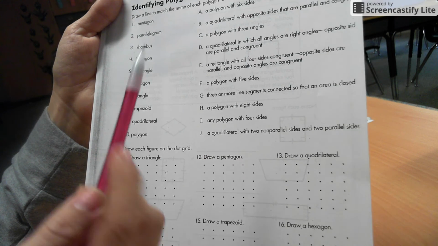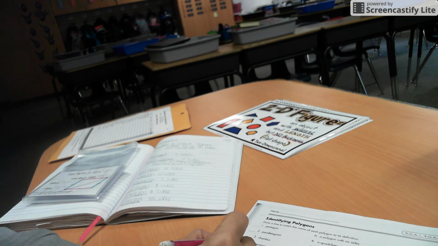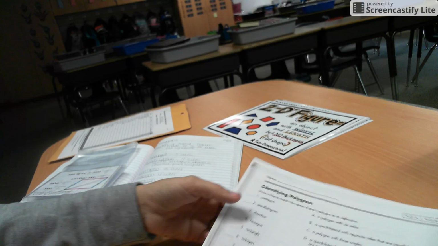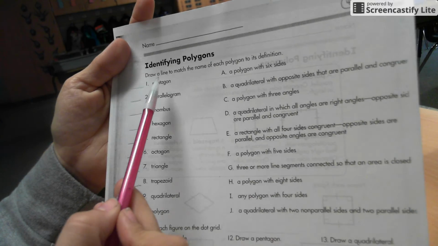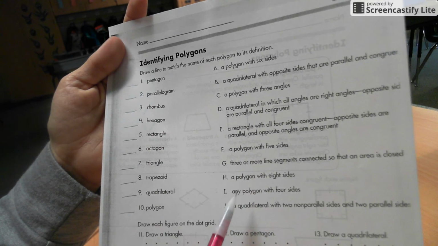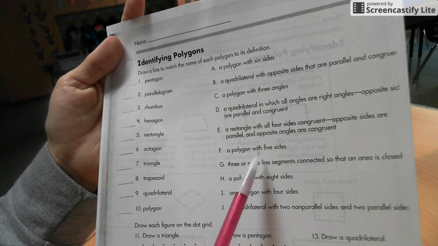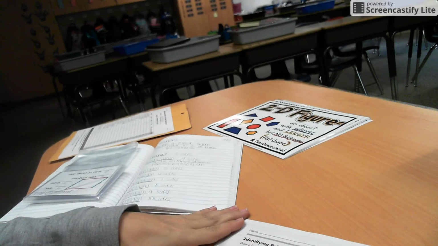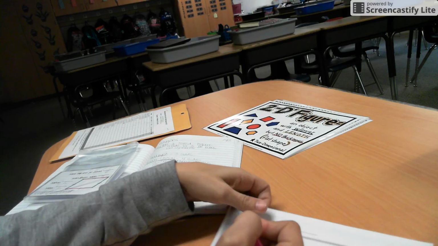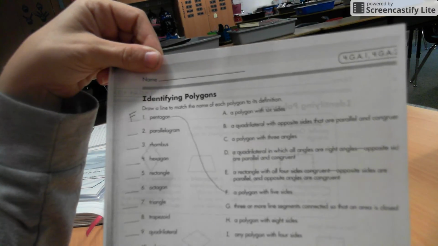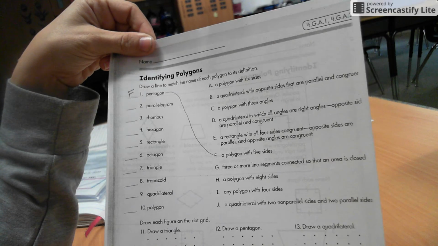Now, I also want you out to the side to write the letter for each one. So when you draw the line, you're going to write the letter out to the side for each one. So pentagon, you're going to find the answer, polygon with 5 sides. You'll draw the line to F and then write F out to the side. And you'll do the same thing for the rest.